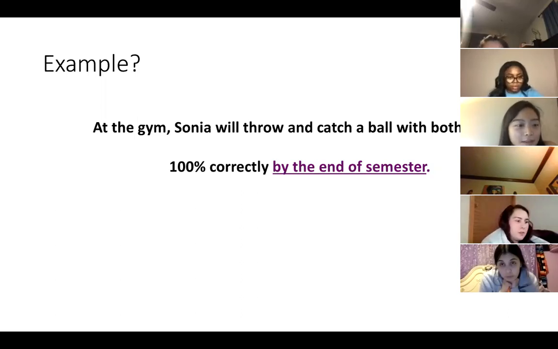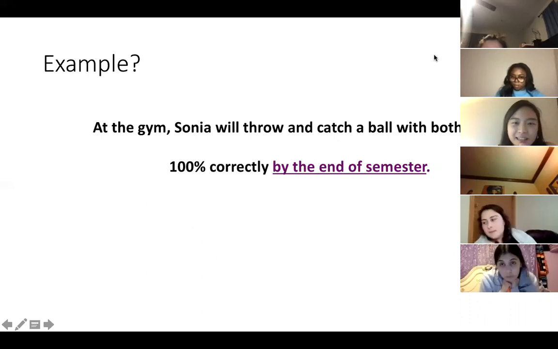Behavior? Will throw and catch a ball. Condition? At the gym. Criteria? Both hands, 100% correctly. And the mastery of behavior is by the end of semester. So that's how you do the analysis.